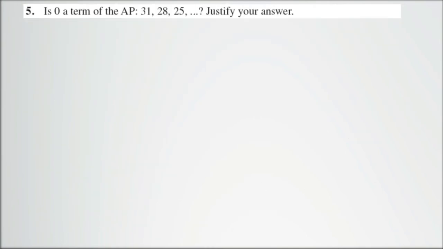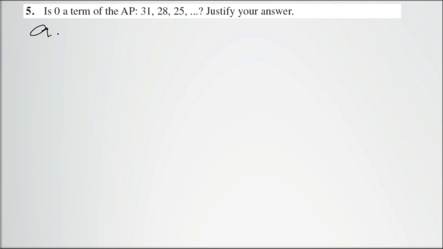Question number 5. Is 0 a term of the arithmetic progression 31, 28, 25 and so on? Justify your answer. If I substitute the values of an, a, d in the expression an equal to a plus n minus 1 into d, and n comes out to be a natural number, then I can say that an is a term of the given sequence.